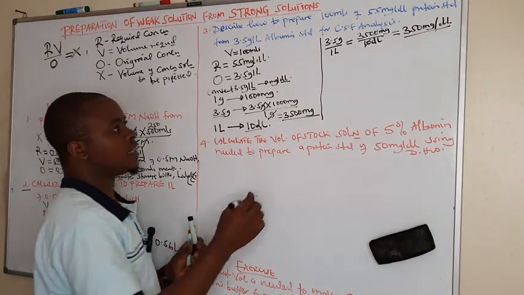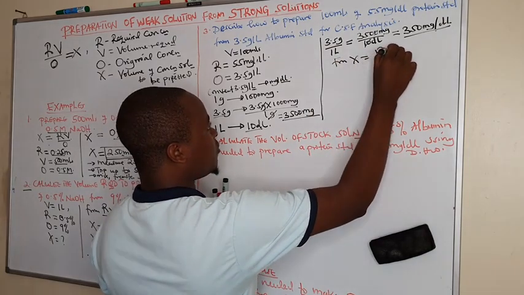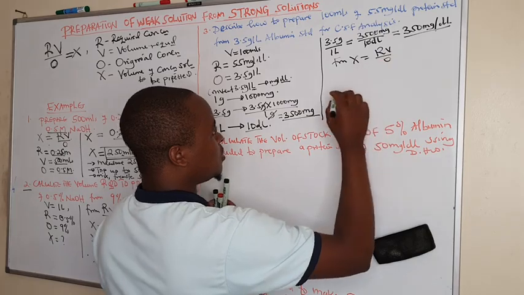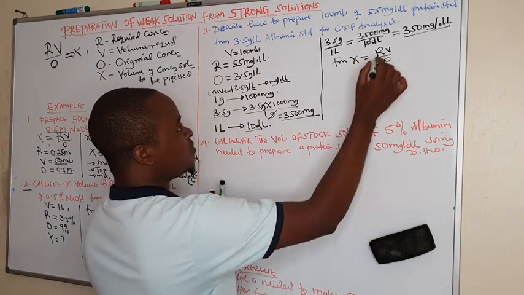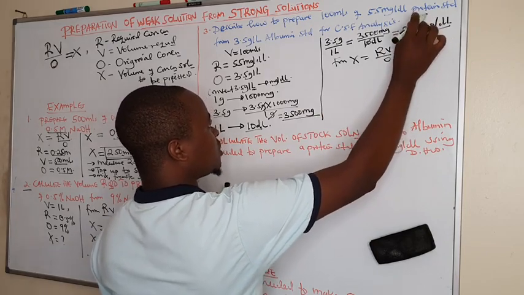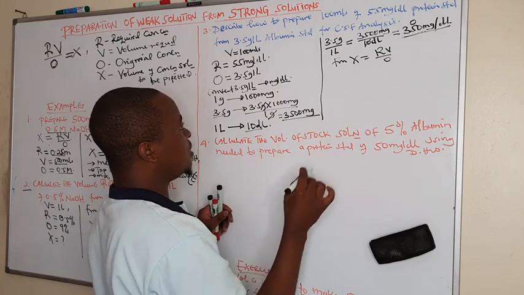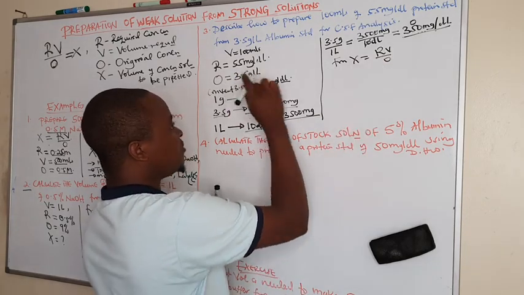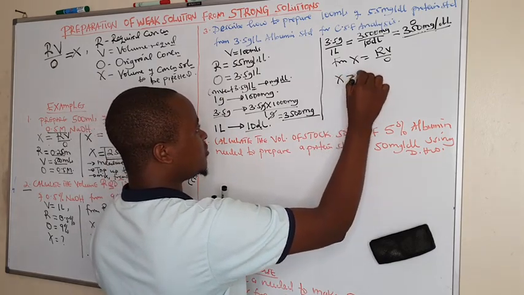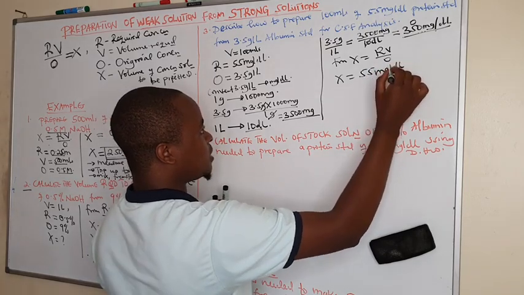After getting the units the same, from X equals RV over O, this is going to be our O. Our original concentration is 350 milligrams per deciliter. Our R, that is the required concentration, is 55 milligrams per deciliter.